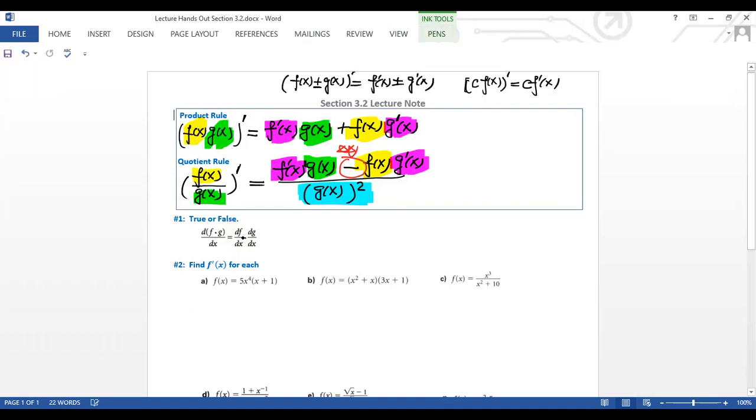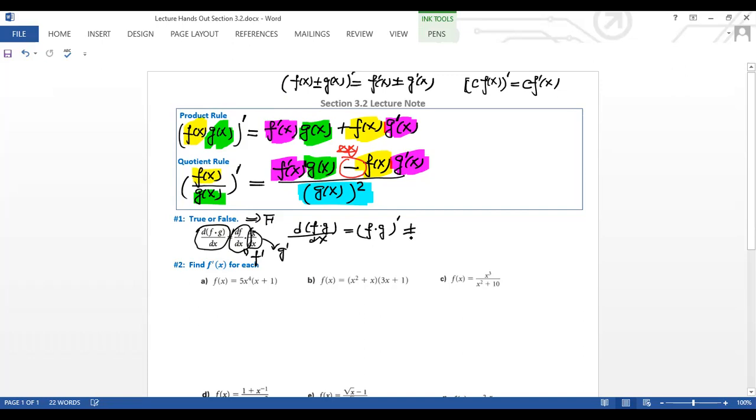Okay, so the first one: d(f times g) equals this one. This one is false. Here, some people might get confused because they don't know how to interpret this. d(fg)/dx really means (f times g)'. And df/dx is just f prime, and dg/dx is just g prime.